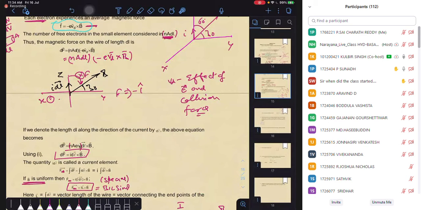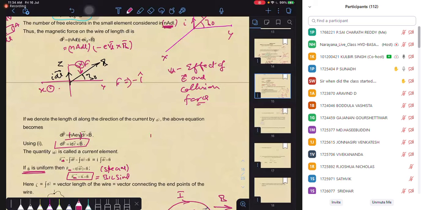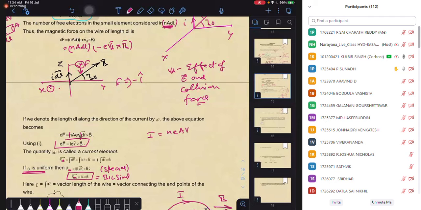So this negative sign will be included in the velocity. Here we have the current equal to n e A v_d. So the negative sign is there. If it is a negative sign, the current is also going to be written as minus n e A v_d. So this negative sign is covered in the current. So in the formula, there is no negative sign. It was I dl cross B.